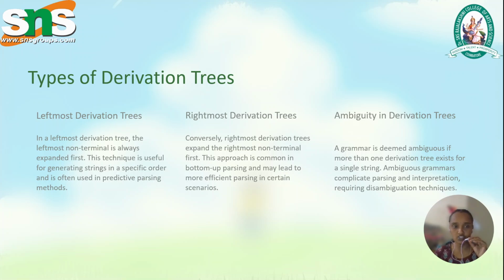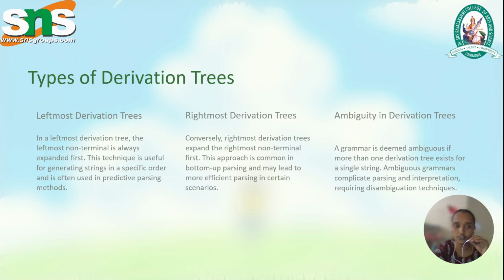Types of derivation. There are two types of derivation trees. The first one is the leftmost derivation tree and the second is the rightmost derivation tree. In a leftmost derivation tree, we draw the tree representation and derive the symbols from the left values only.